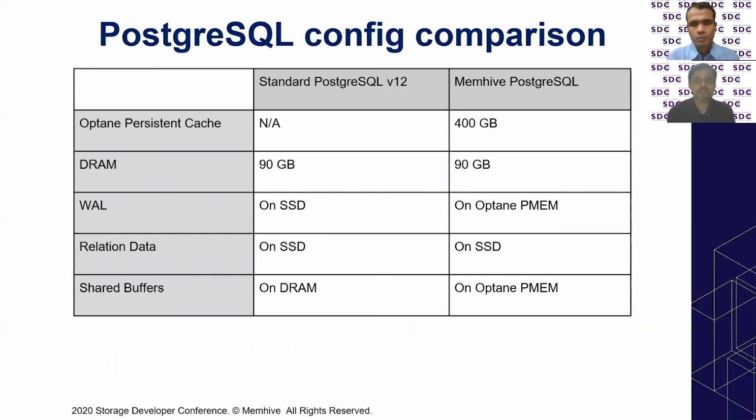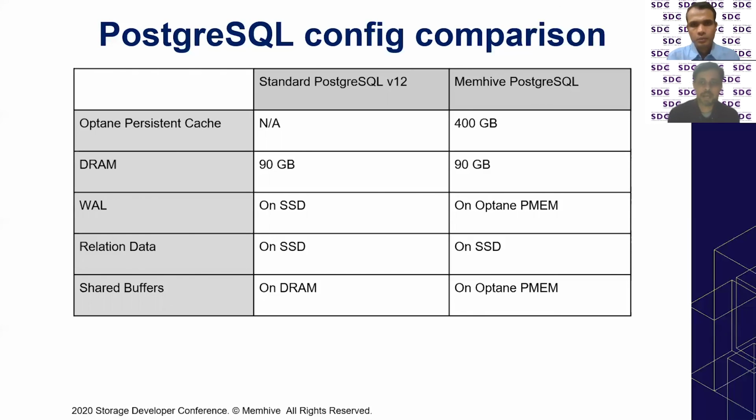So here's a comparison of the various things that could change when we compare standard Postgres with memhive Postgres. Obviously, the hallmark feature of memhive will be the persistent cache. The Optane persistent cache is configured as 400 gigabytes, and that is one of the things in memhive Postgres, not in the standard version.